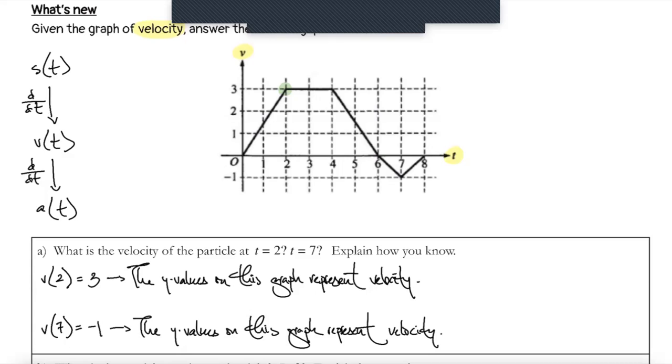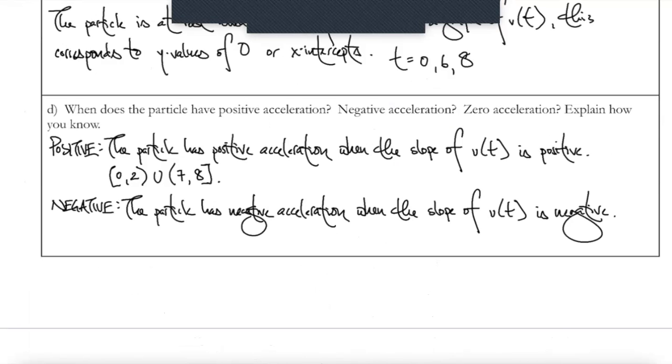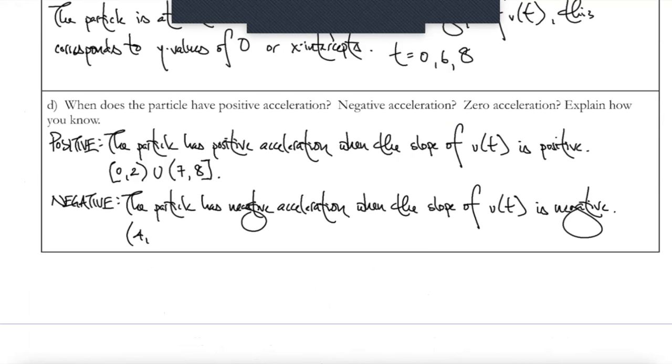And I love that we've used parentheses because this whole region has negative slope, but we don't want to include 4 or 7. Exactly. We would say parentheses 4 to 7.